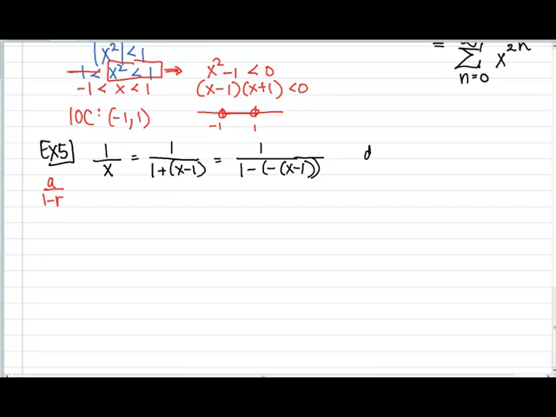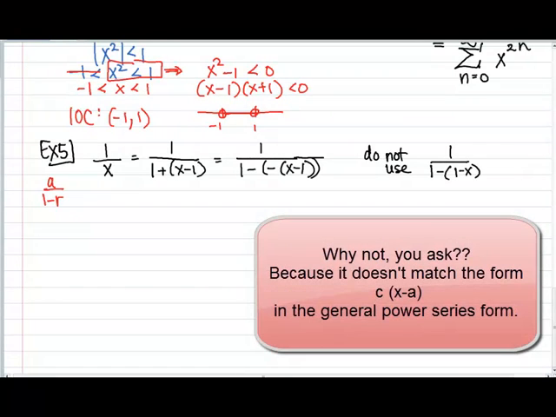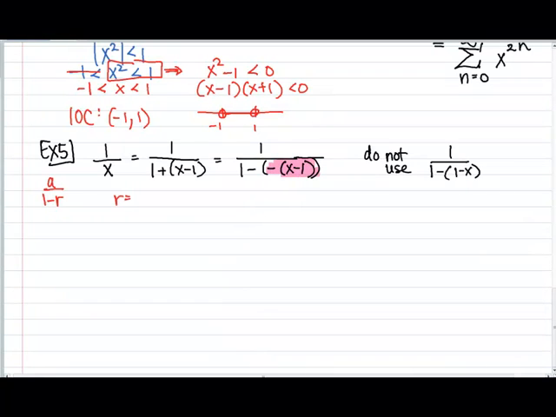I do not want you to use 1 over 1 minus 1 minus x. So I need you guys to remember to do this instead. r happens to equal negative of x minus 1. So our series is going to be 1 minus x minus 1 plus x minus 1 squared minus x minus 1 cubed, and so on.